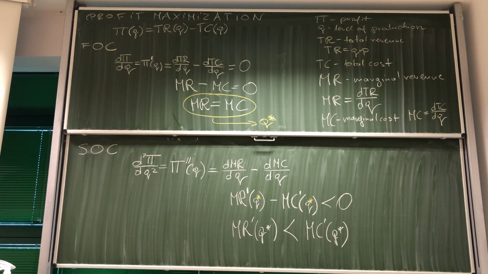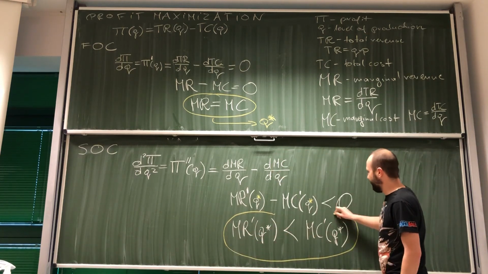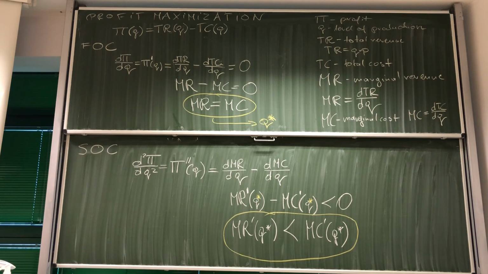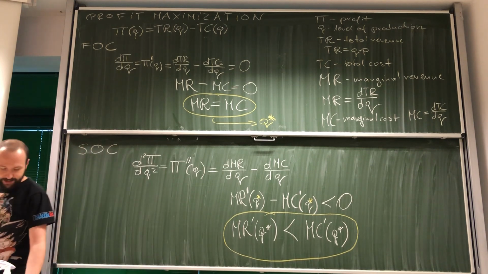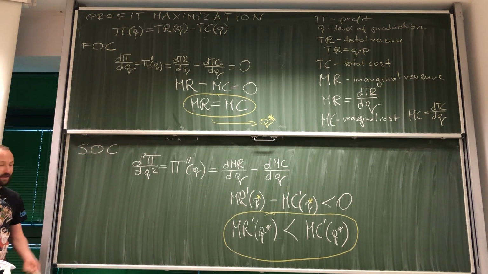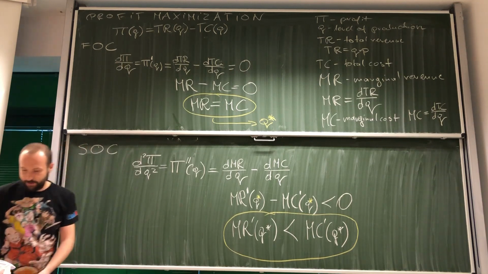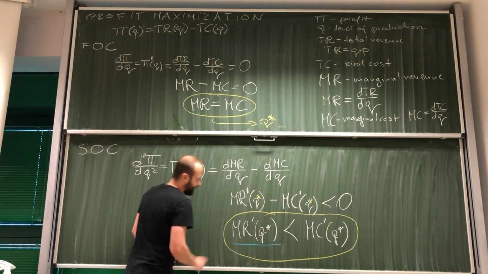Now, if this condition is fulfilled, we already know that at this particular point, we can find the level of production that maximizes profit. But what are those two expressions? Okay, let's start with this.